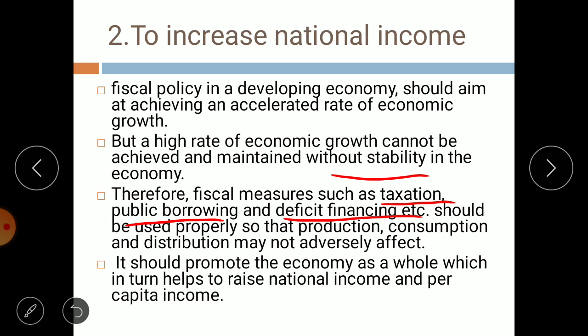Here three tools are mentioned. First is taxation, in other words, we can term it as public revenue. Second is public borrowing, and the third one is deficit financing. What is written here? That these three tools should be used in such a way that there is an increase in our national income.